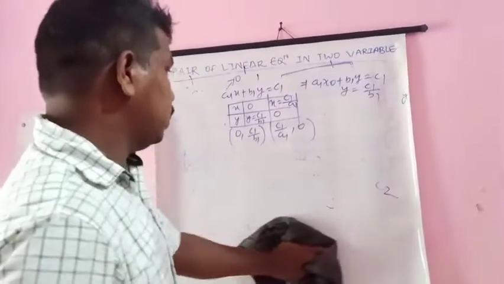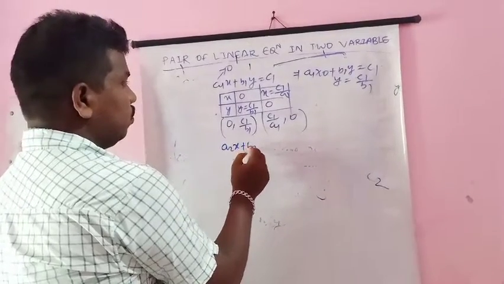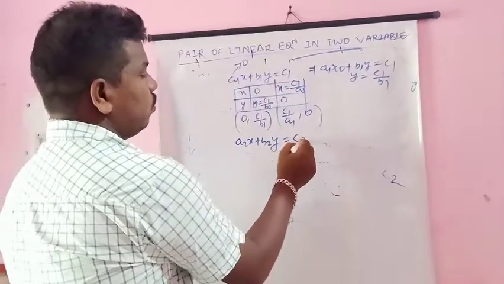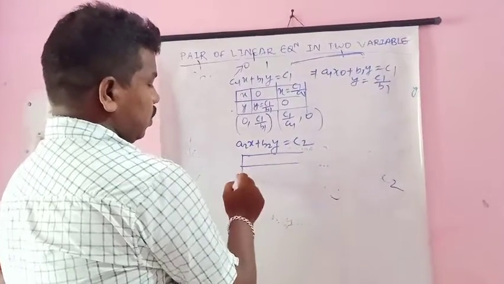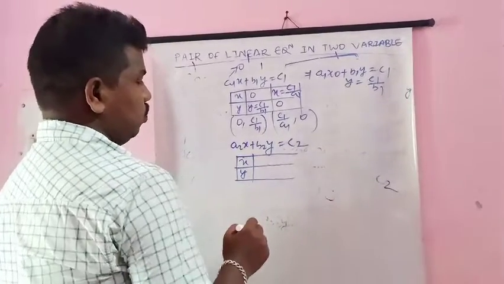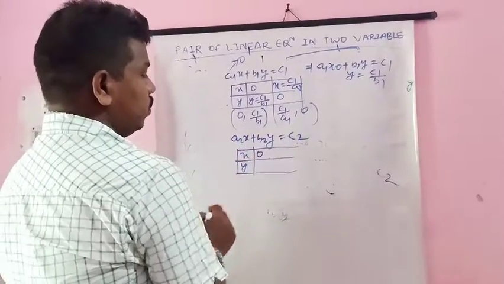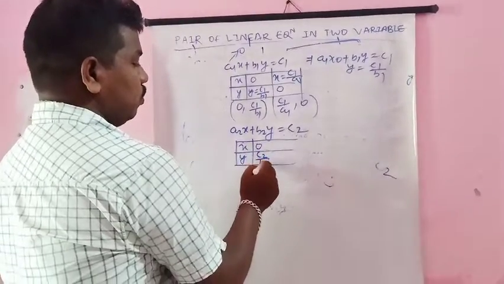The second equation is a2x plus b2y equal to c2. A similar procedure is applied here. We take x and y as two variables, then put x equal to 0, we get y equal to c2 by b2.